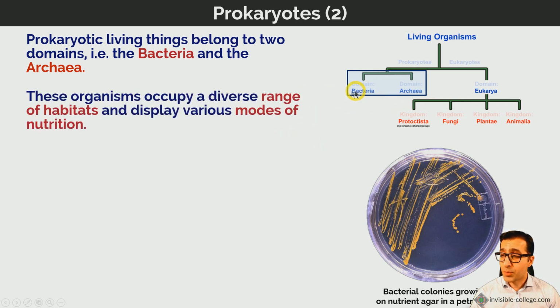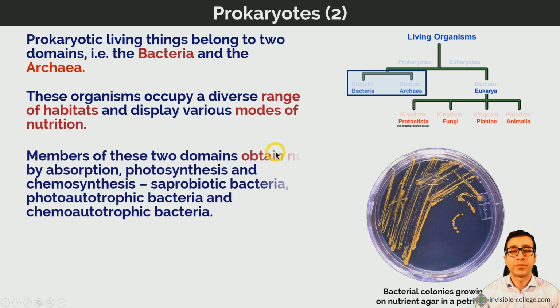Members of these domains tend to obtain their nutrition by absorption from the environment, by photosynthesis, and also by chemosynthesis, which is a type of autotrophy where the organism will produce sugars by making use of inorganic substances from the environment and the energy released by inorganic chemical reactions in the environment.